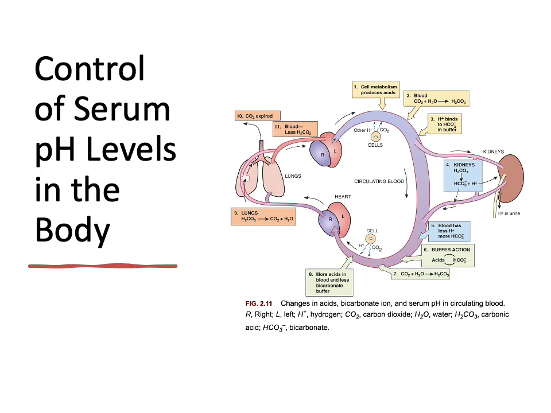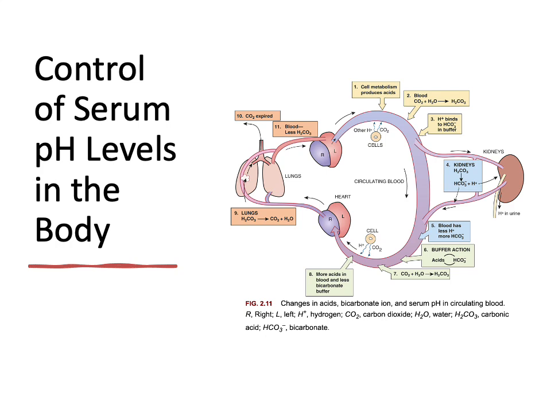Whereas the kidneys are slower to compensate for pH. However, even though they're slow, they're really good at their job, and they are considered the most effective mechanism. So lungs act the quickest, but may not be as effective over time, whereas kidneys, although they're slow to compensate, are effective over time. So just make sure that you remember that.